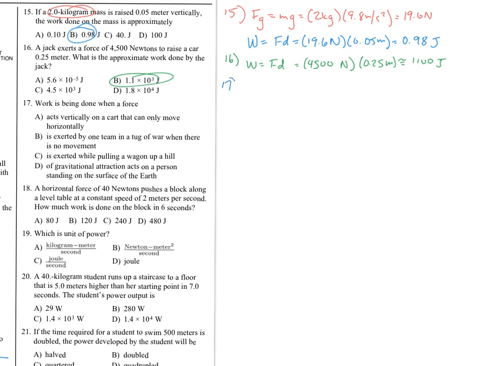Okay, so 17, the key word here for work being done is that force and displacement must be in the same direction. That means horizontal, horizontal, vertical, vertical, or both at an angle in the same angle.